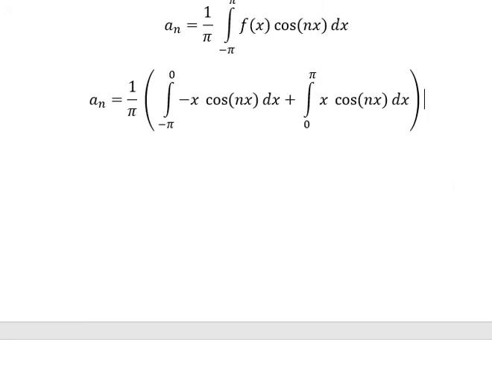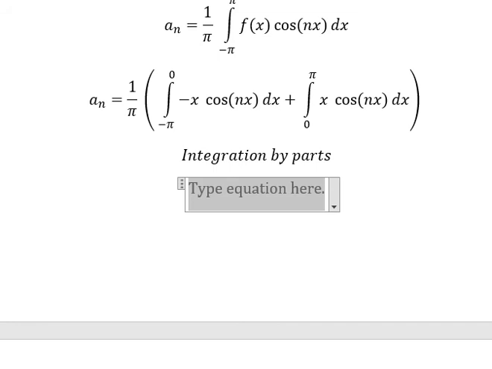For this one, we can use integration by parts. So I will put u equals s.